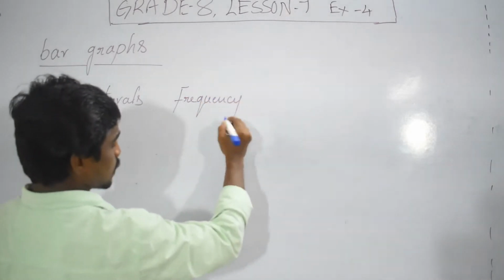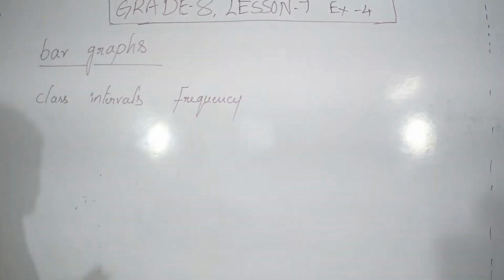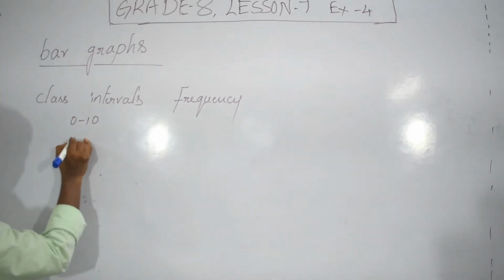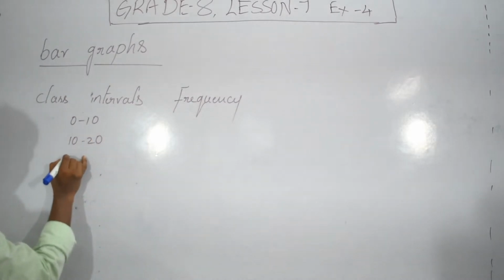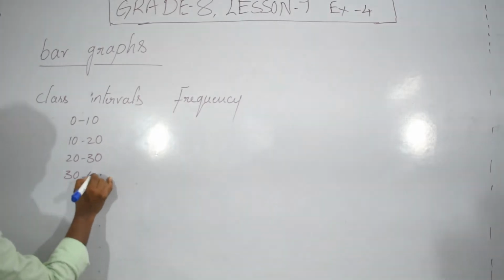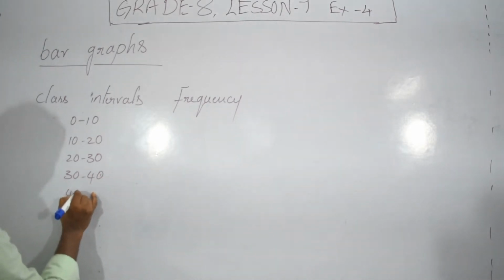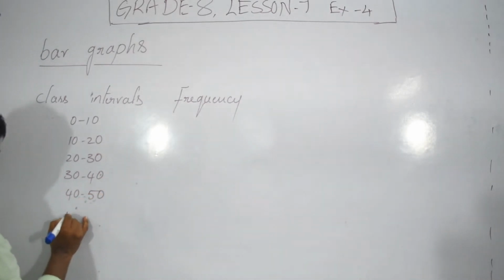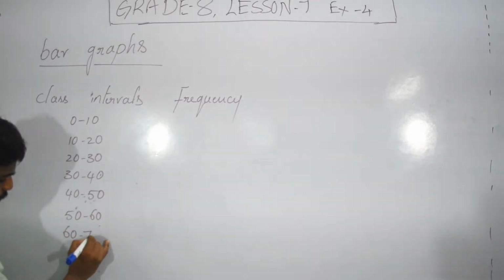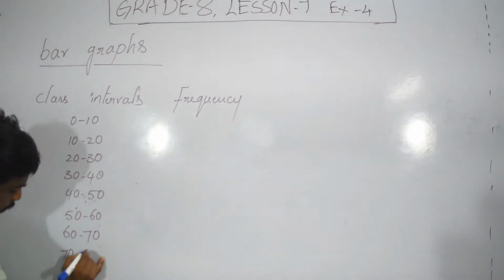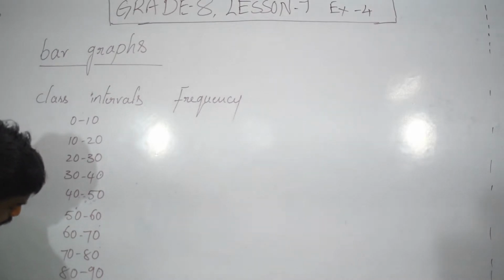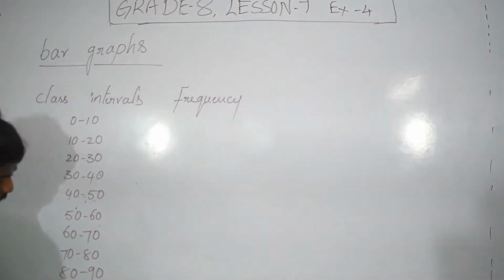Now this is an example problem. Here class intervals: 0 to 10, 10 to 20, 20 to 30, 30 to 40, 40 to 50, 50 to 60, 60 to 70, 70 to 80, 80 to 90, 90 to 100.